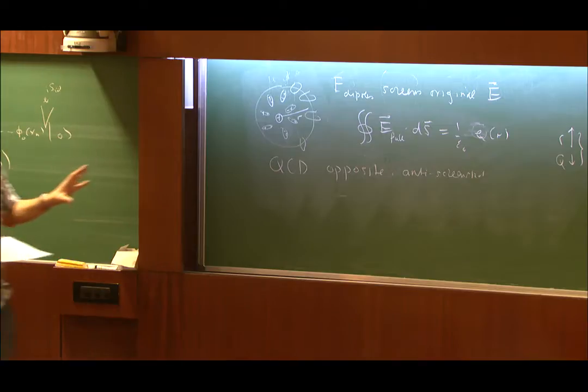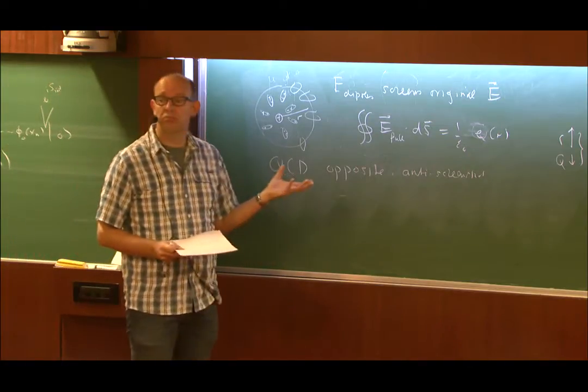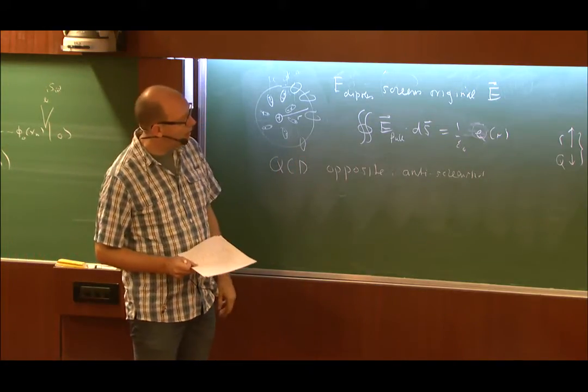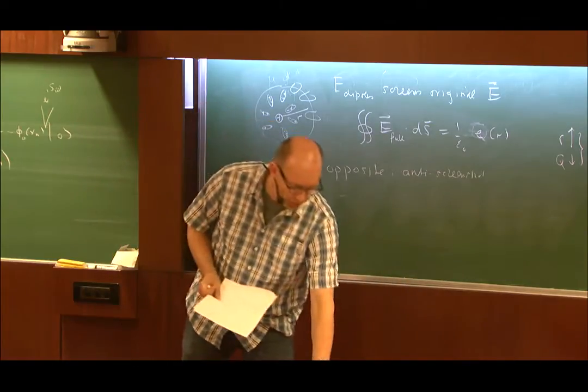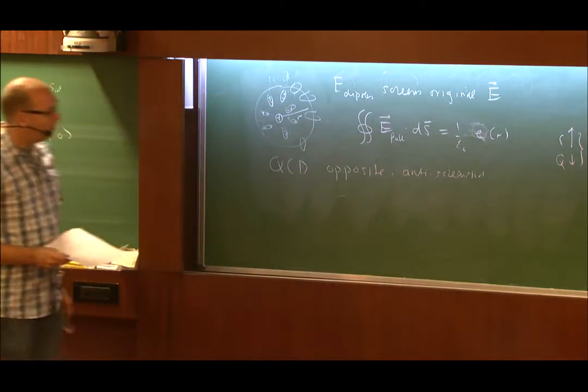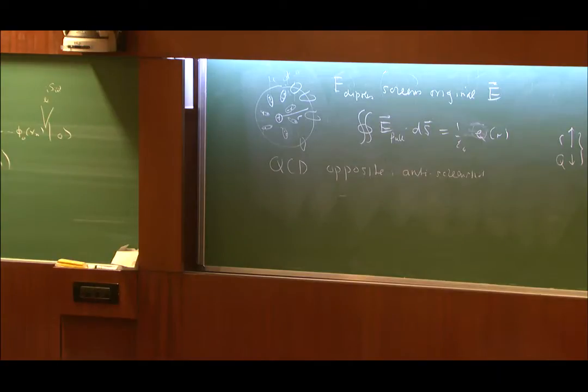Okay, so that gives a bit of a meaning to this scale mu, at least as far as the running coupling is concerned. Now, I haven't told you yet what to choose for mu. So far I've said only that mu is arbitrary.